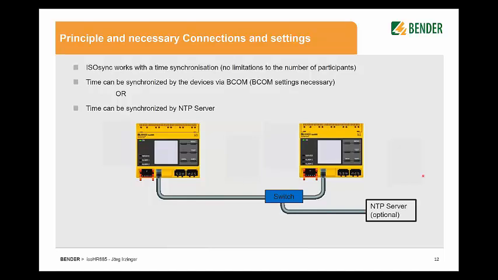It works with a kind of time synchronization, so we have no limitation on the number of partitions. All devices where the synchronization is activated synchronize their time between each other. There are time slots, and each device can decide in its time slot if it wants to change the pulse or if it wants to make a coupling test or something else.